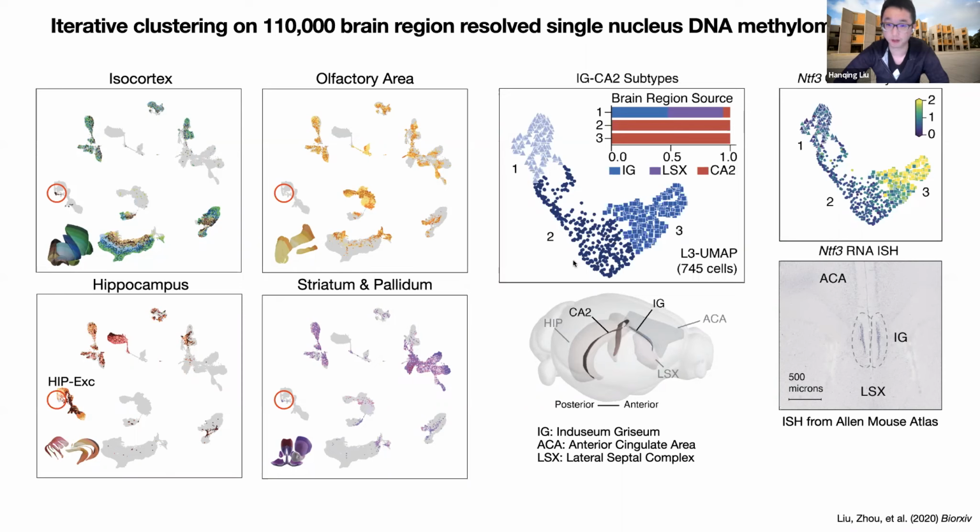And the molecular profile also shows that excitatory cells from this structure are very close to the hippocampus, especially the CA2 region of the hippocampus, because they basically co-cluster at the major type level.